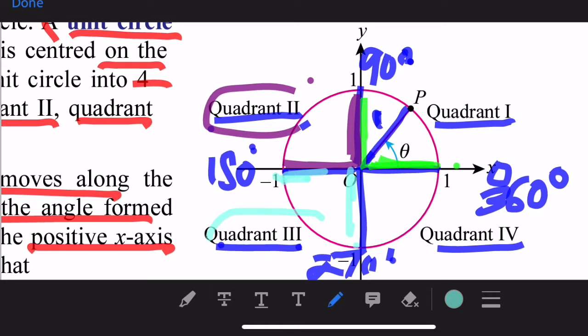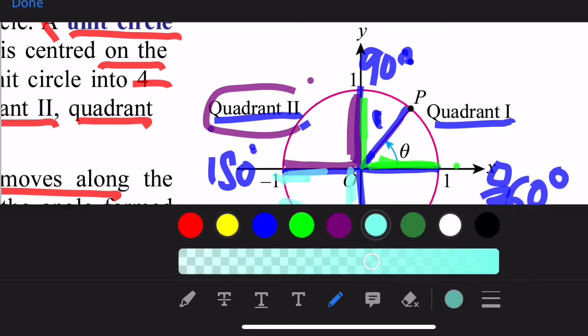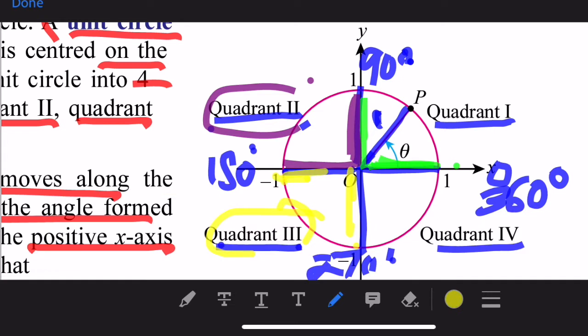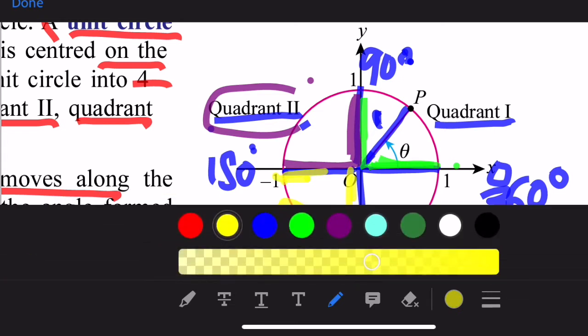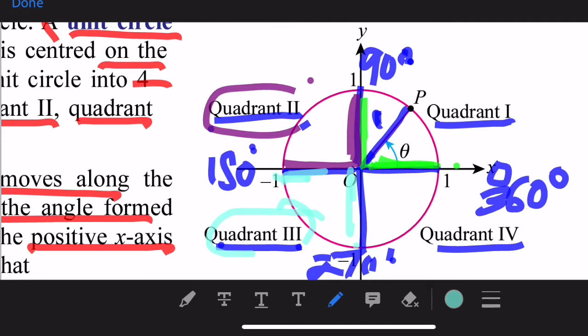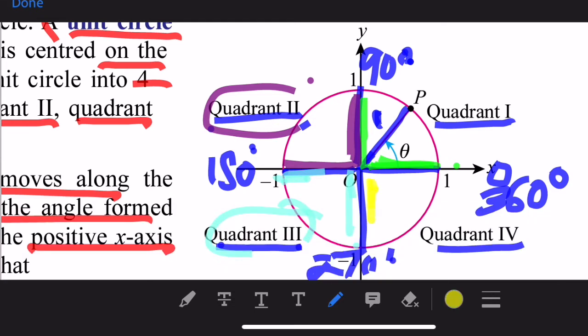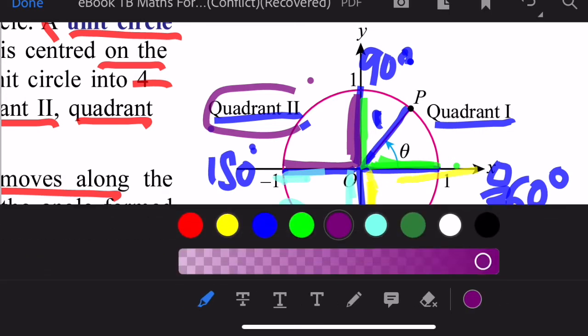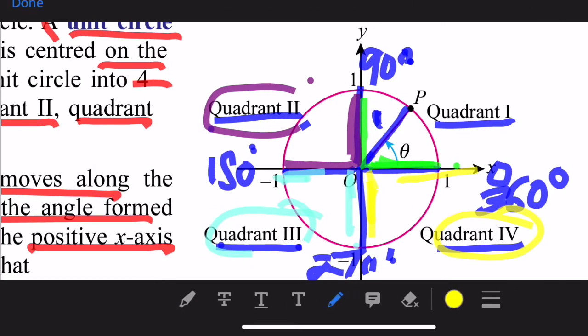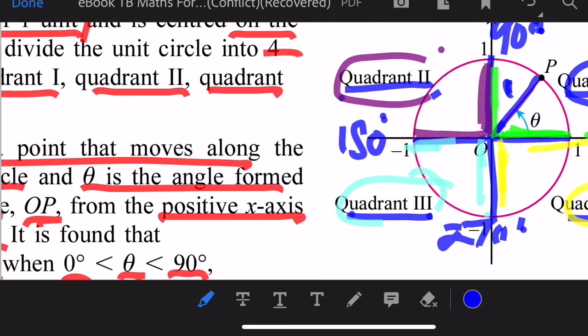This is quadrant 3, and then quadrant 4 will be here, and I'm going to use yellow. So we have 4 quadrants, starting from quadrant 1, quadrant 2, quadrant 3 and quadrant 4.